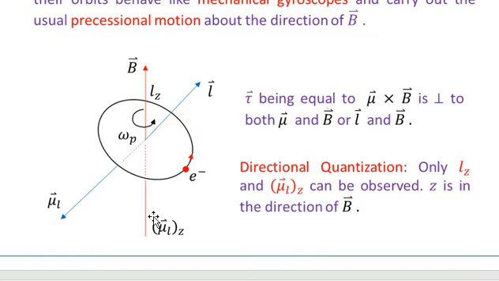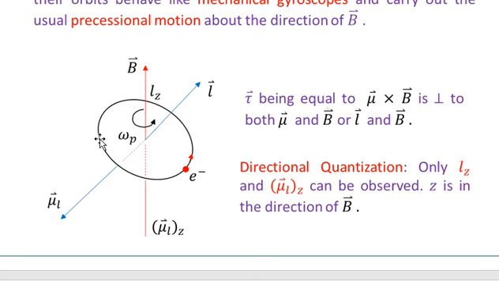I have shown you one component of the vector L, which is the z component. The other two components of the vector L are the Lx component and the Ly component. These two components are located on the current loop.